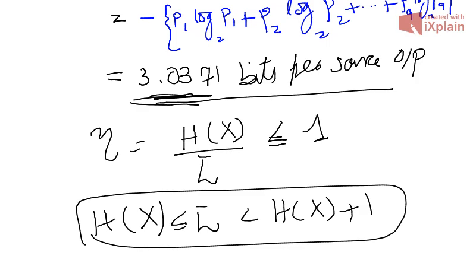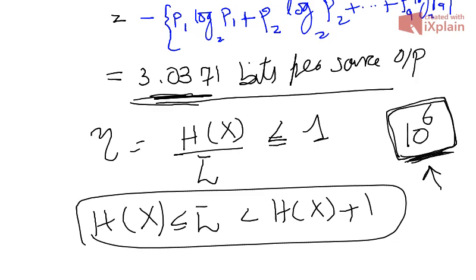So you can find the efficiency of this code, and then you can assume that if 1 million of these alphabets are available with the same probability vector, I would just leave it to you to compute: what would be the memory requirement for these 1 million symbols if you use the Huffman coding, or if you want to use the ASCII coding, or some other coding techniques which we just discussed above?